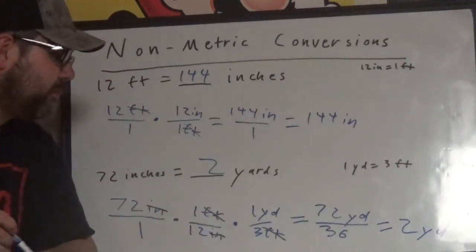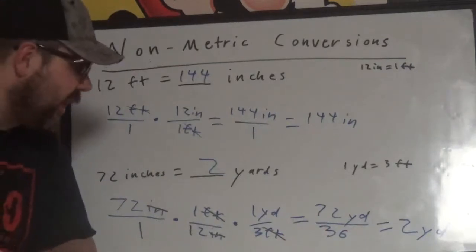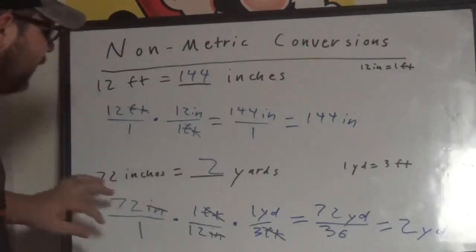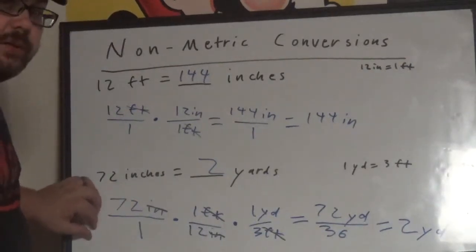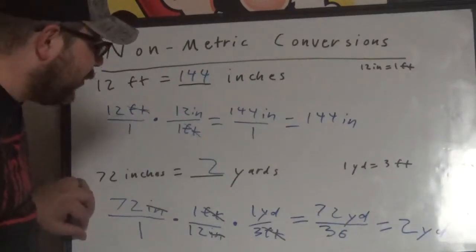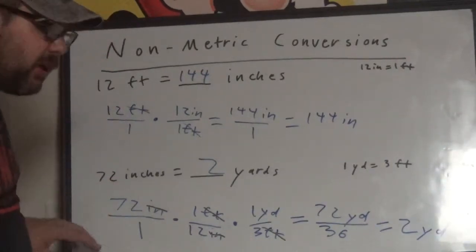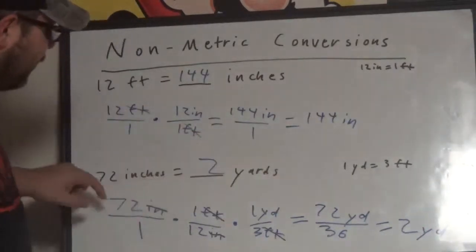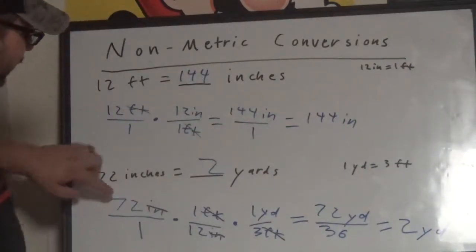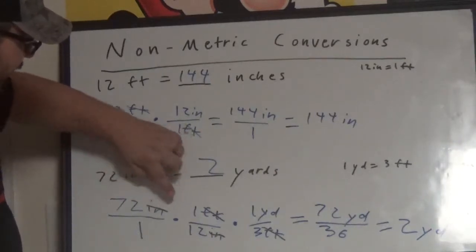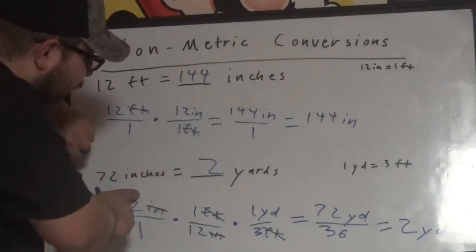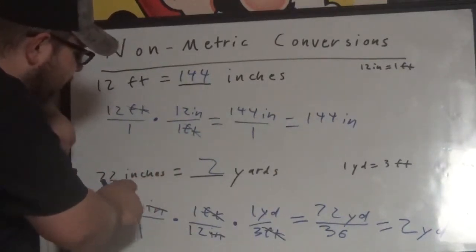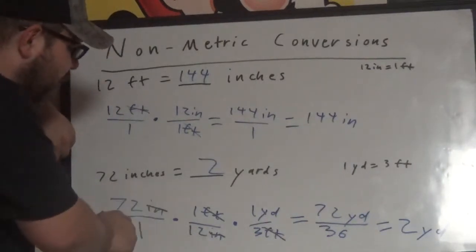Just to recap, no matter how many unit conversions we're doing, all you have to do to make sure you do it correctly is, first of all, use the correct unit conversion or rate. Then always start with your beginning number and unit over 1.